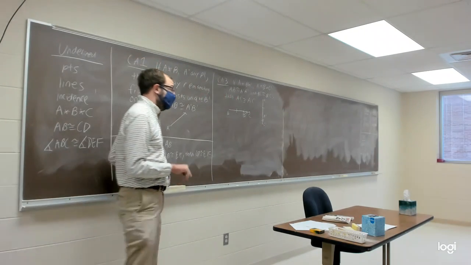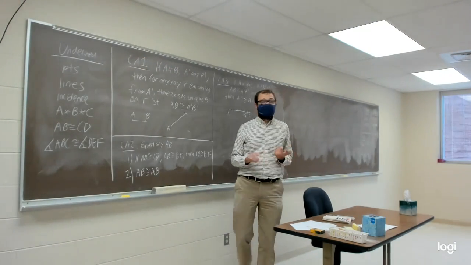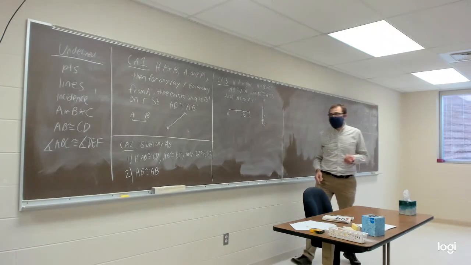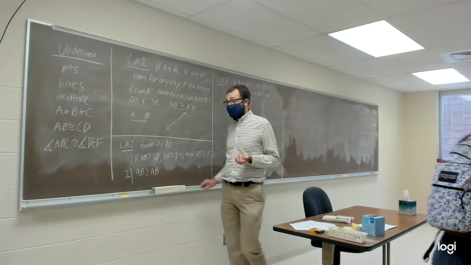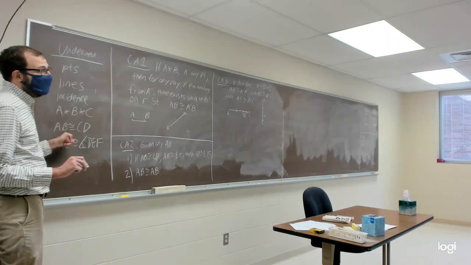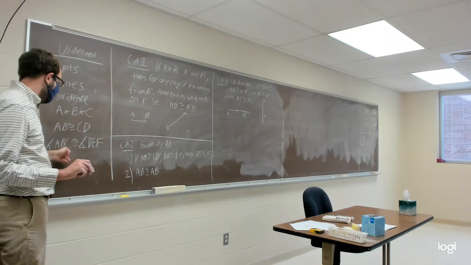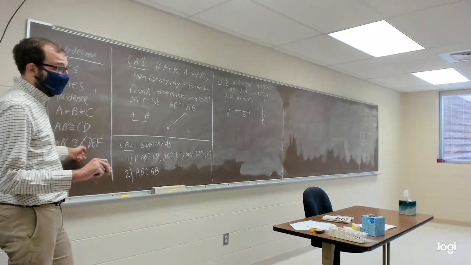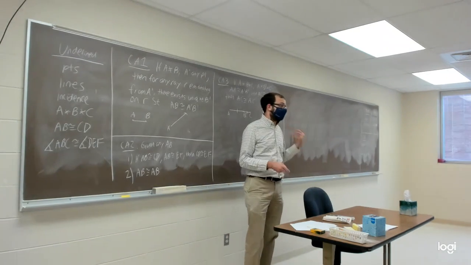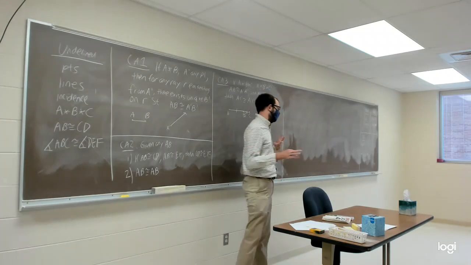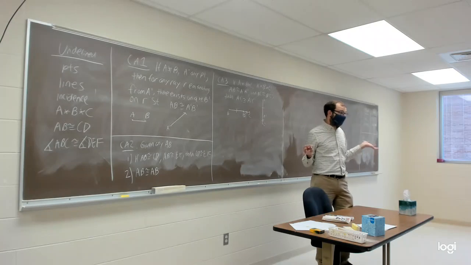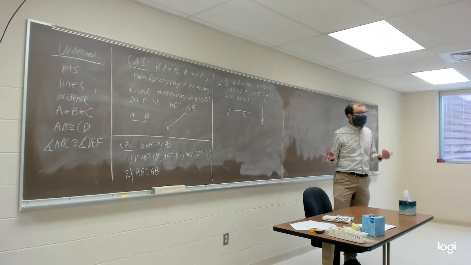Okay, so last time we had begun our discussion of the congruence axioms, where we introduced 2 new undefined terms: what it means for 2 line segments to be congruent to each other, as well as what it means for 2 angles to be congruent to each other. Given these undefined terms, we're able to define what it means for one line segment to be longer or shorter than another one, or one angle to be larger or smaller than another one.